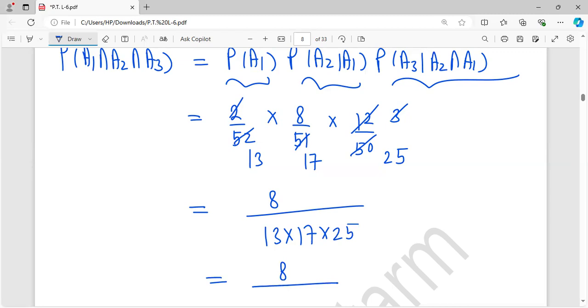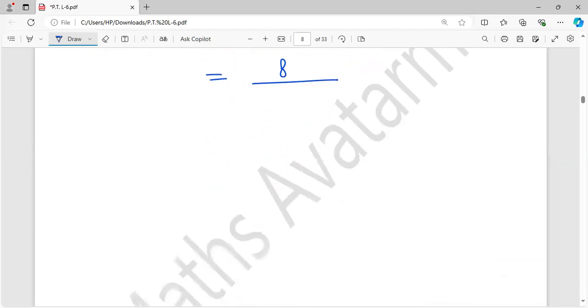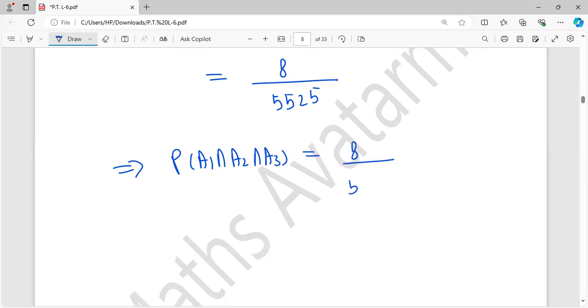Let's check it. 13 multiplied by 17 multiplied by 25 is equal to 5525. So this implies P(A1 intersection A2 intersection A3) is equal to 8 upon 5525. So this is the answer.